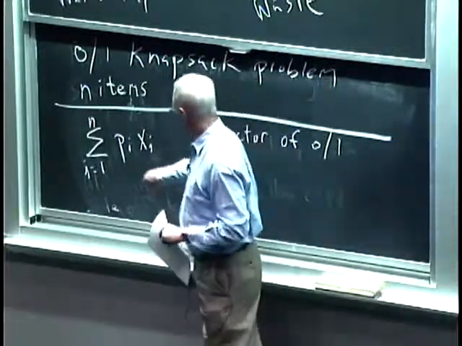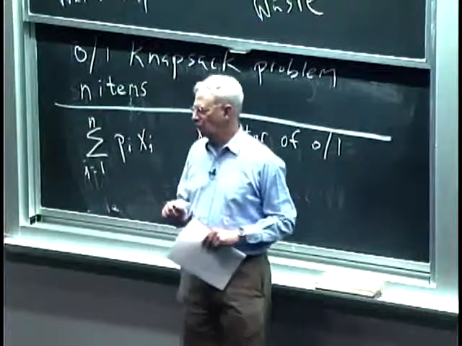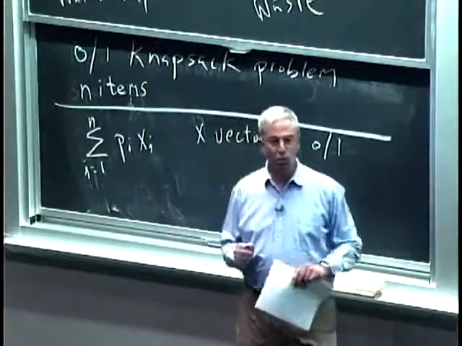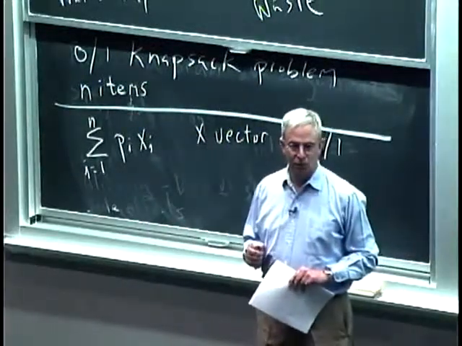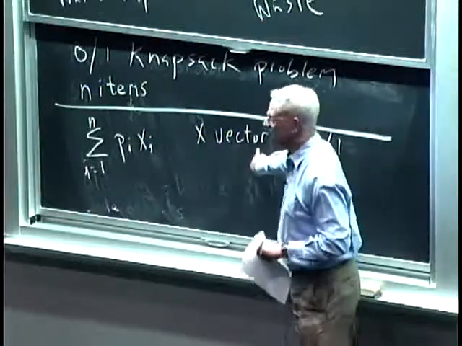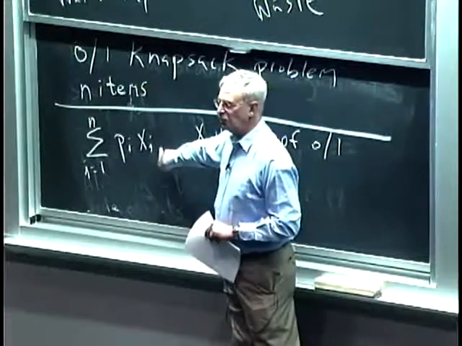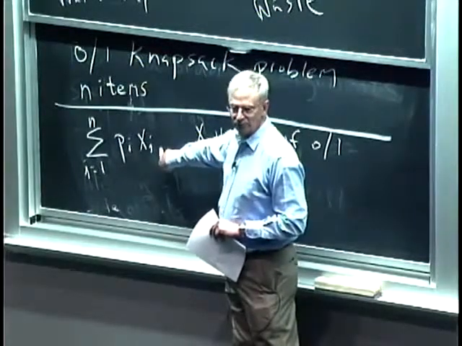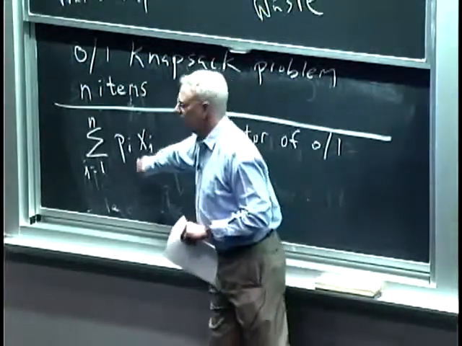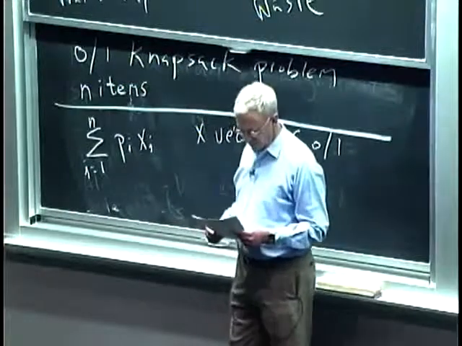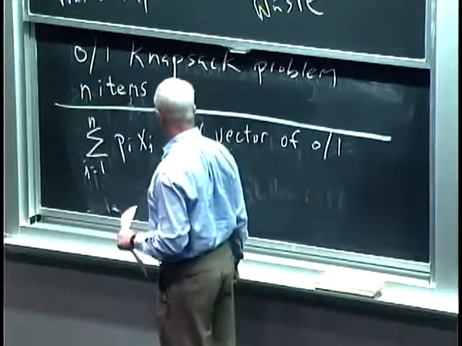And so I just take the value of that item times whether or not it's 0 or 1. So my goal here is to choose x such that this is maximized, right? Choose x such that that function is maximized subject to a constraint.